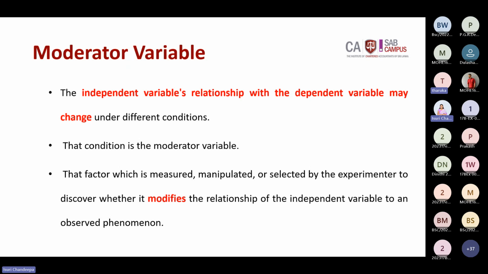So now this is the chance. You all have the chance to include the moderator variable as well as the mediator variable with the knowledge. Sometimes, for some research topics, you can't include the moderator or the mediator.